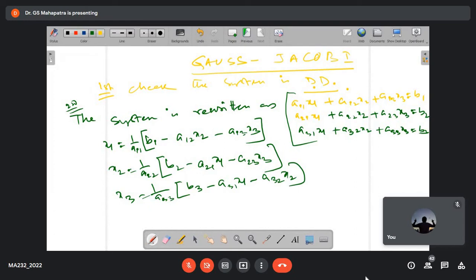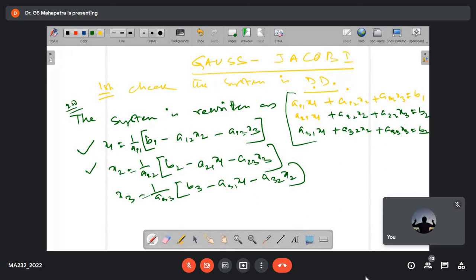I think you can write it if there are more than 3 variables. So the first equation you write in terms of x1 on the left hand side and the other variables on the right hand side, the second equation for the variable x2, the third equation for x3, and so on. This is the first step to write in that form.